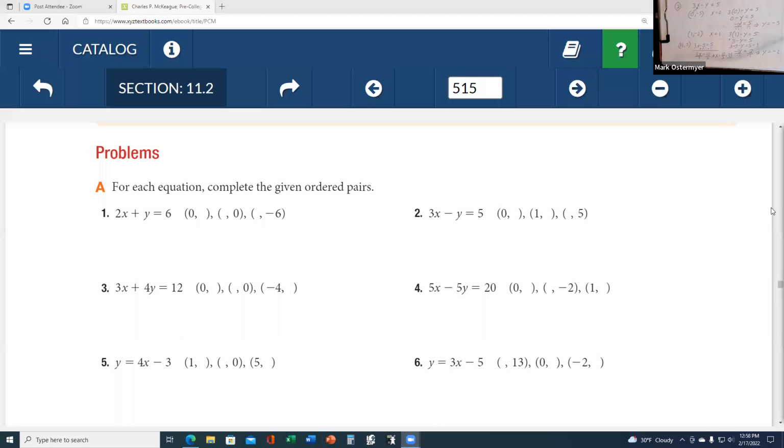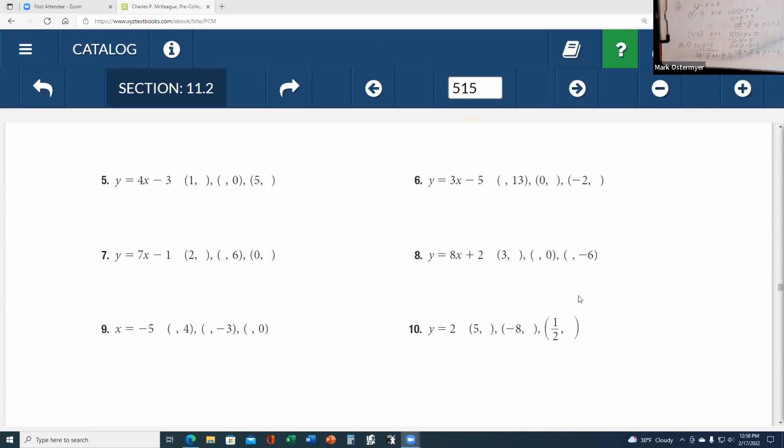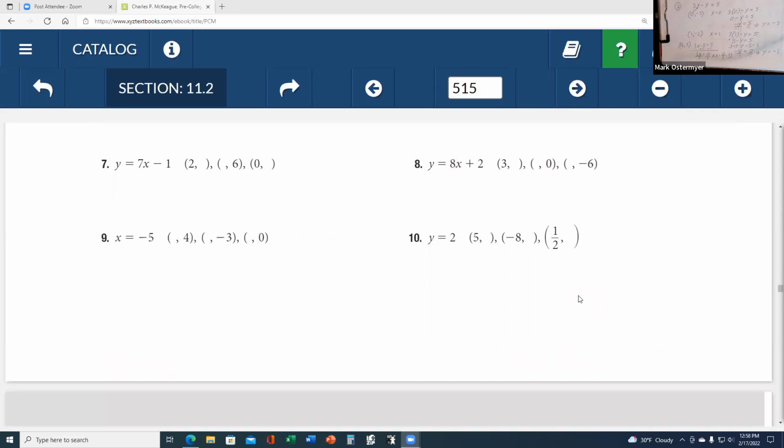All right, so we'll let that go there. That's how you're going to do any one of these problems. Now, we have an interesting situation in number 9 and number 10 here. Notice the linear equation in number 9 says x is equal to -5, and you don't see the y variable anywhere. You're probably wondering where y is.